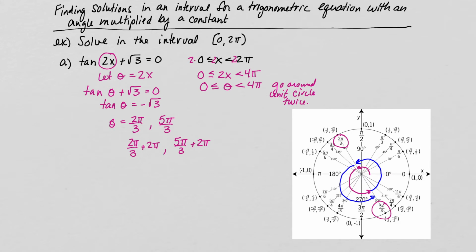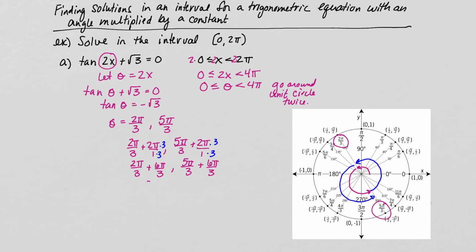Now, I have to make those look nicer, to make them into one fraction. So think of this 2 pi as over 1, and I'm going to multiply top and bottom by 3 to make a common denominator. So in this case, we end up with 2 pi over 3 plus 6 pi over 3 and 5 pi over 3 plus 6 pi over 3.